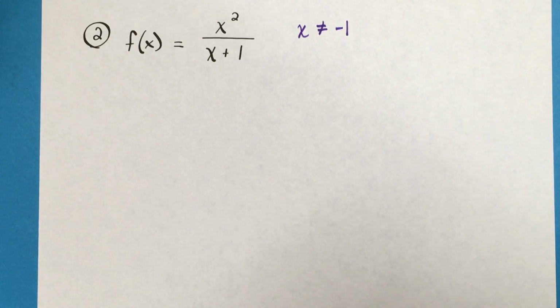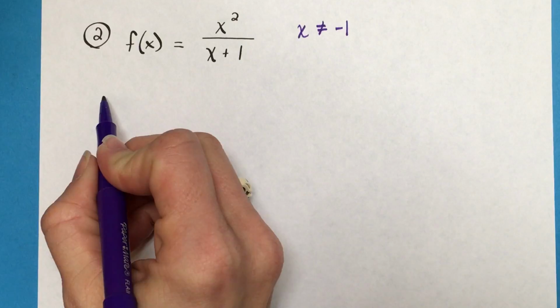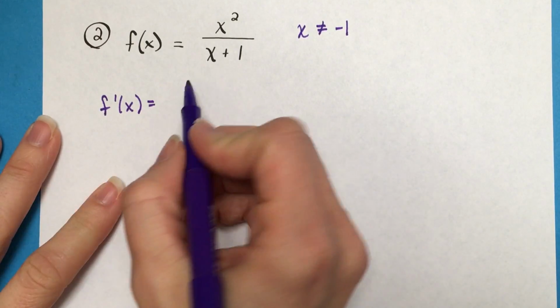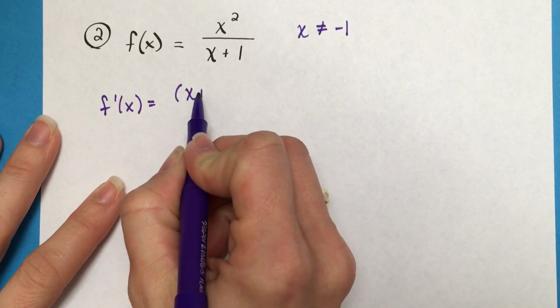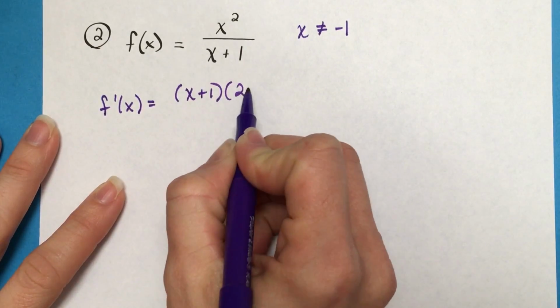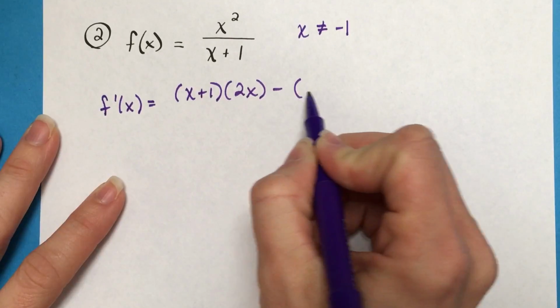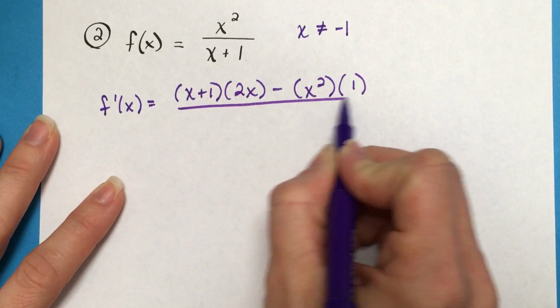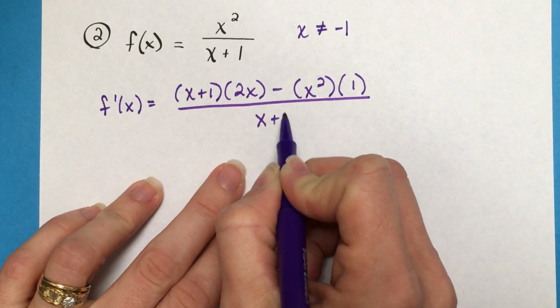All right, so taking your first derivative, of course, this is going to require that we do the quotient rule. So we'll have low d high minus high d low over low low.